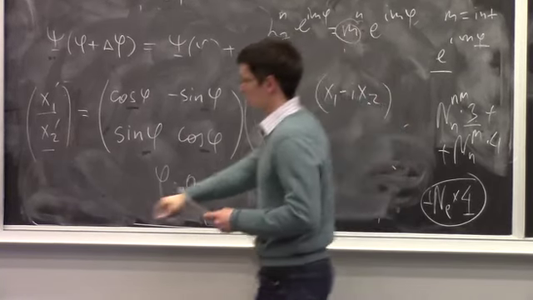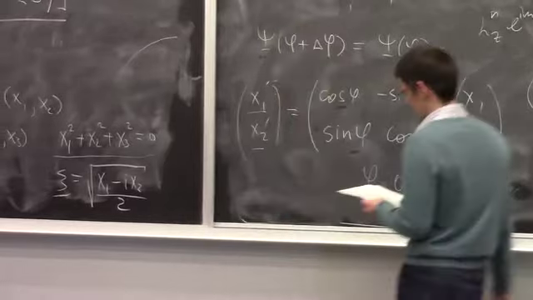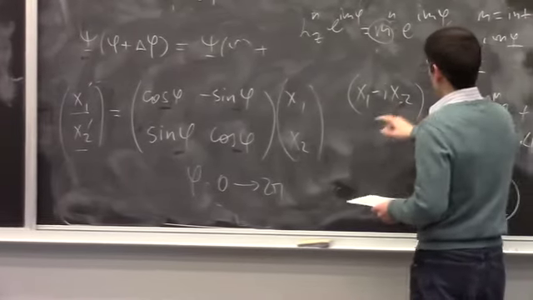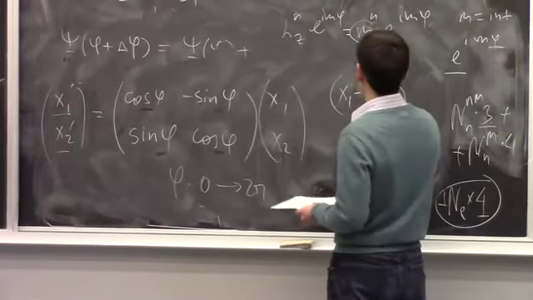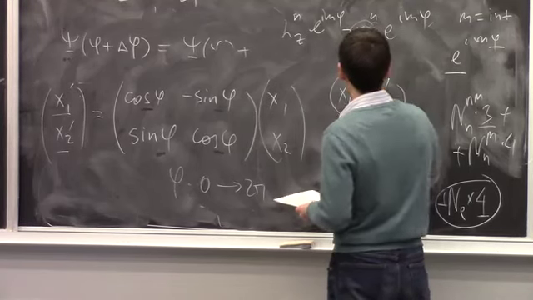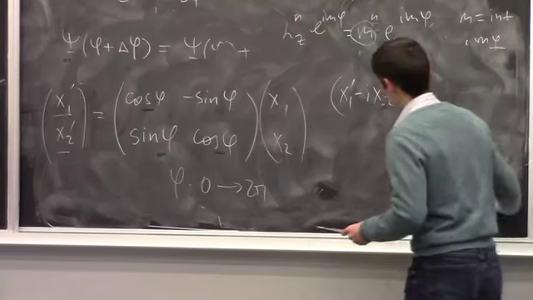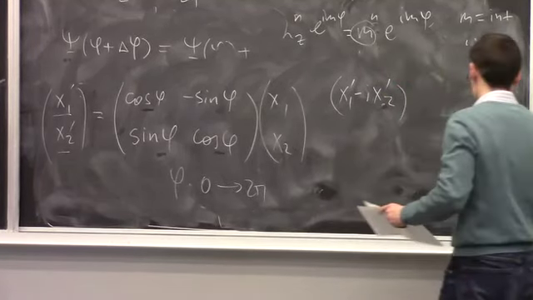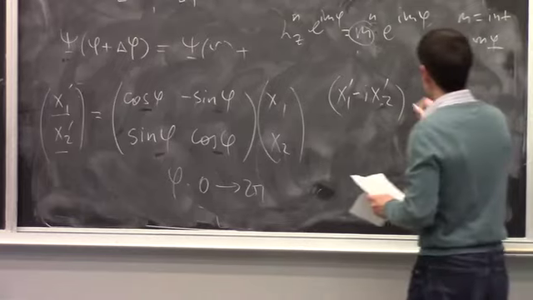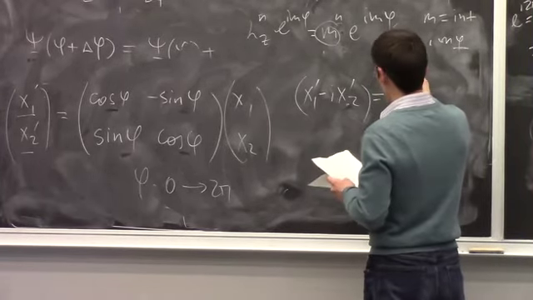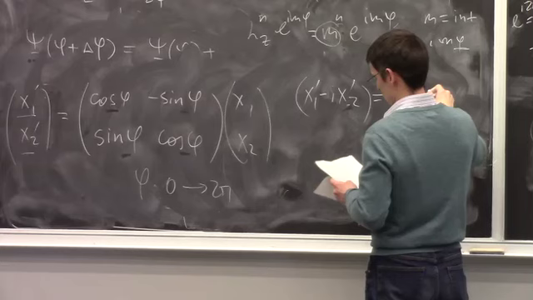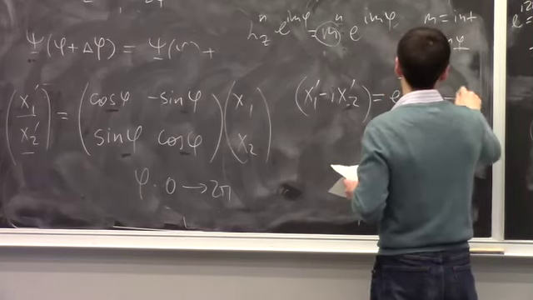That's the argument of the square root here. It turns out if we look at x1 minus i x2, the prime quantities, the ones that you can build using this transformation, will be equal to the exponent of minus i phi times the unprimed quantities.